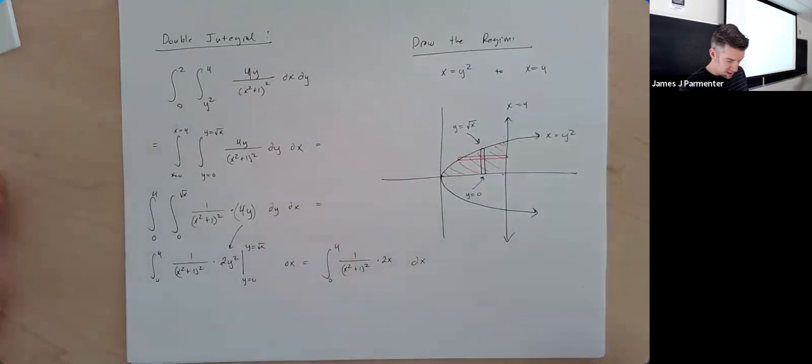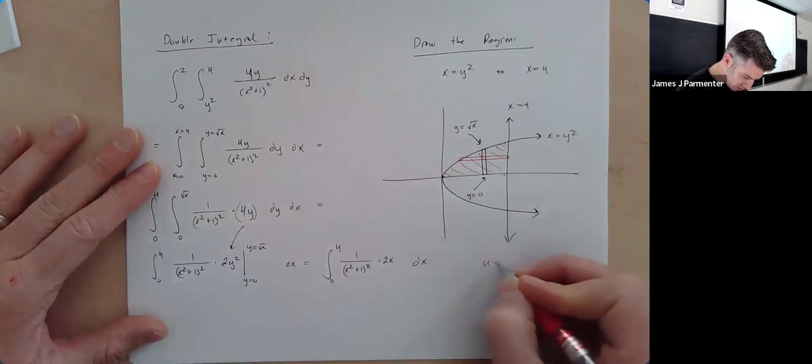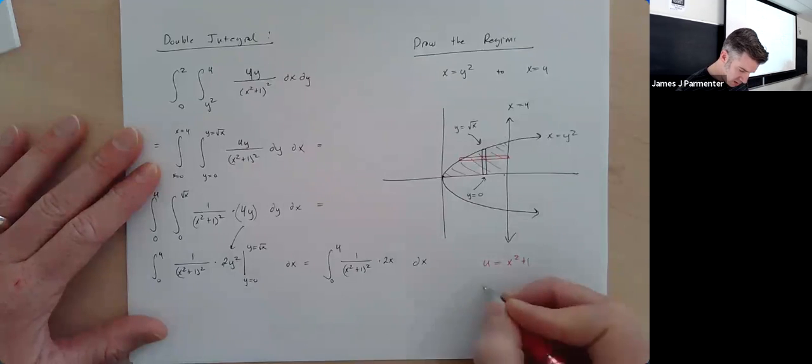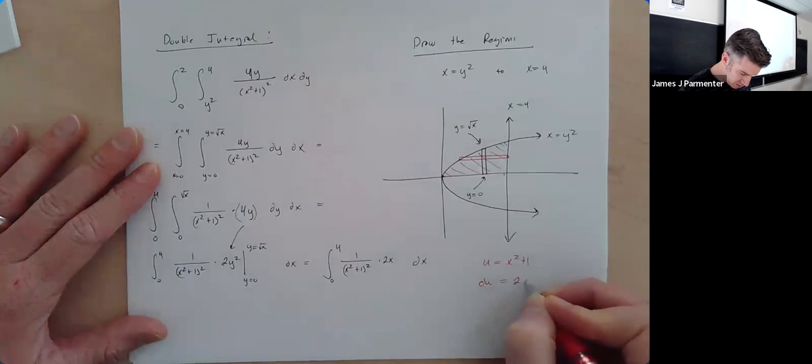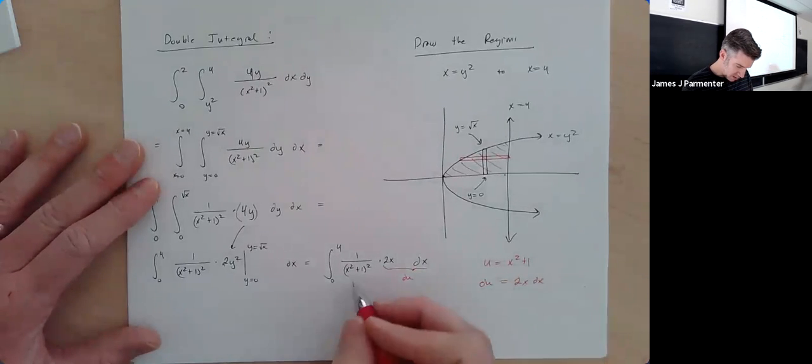And then I think we can see the u substitution that's going to happen, which is pretty typical when you do this change of order things. It becomes easier because the hard part then becomes a nice u sub. So then we would let u equal x squared plus 1. Our du is exactly 2x dx. So there's our du. There's our u.